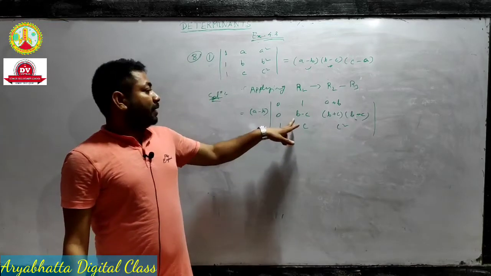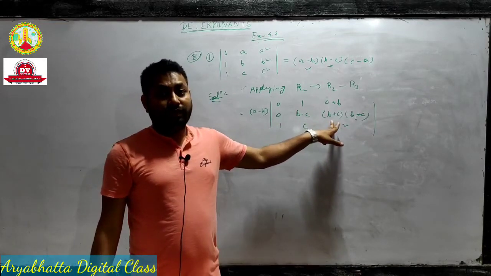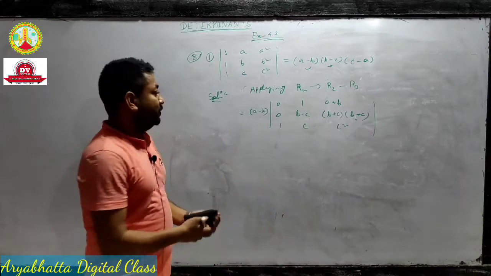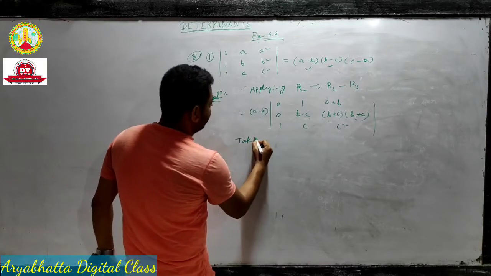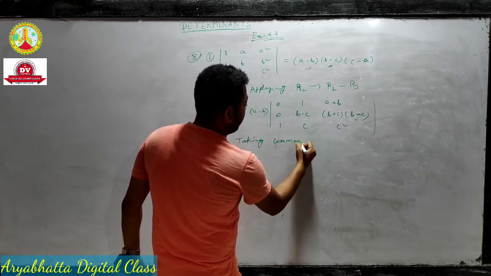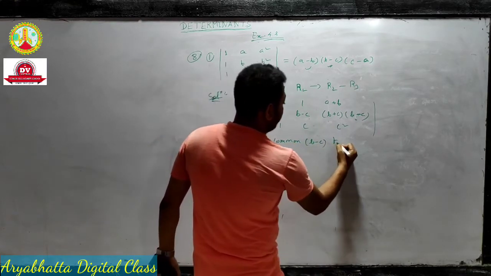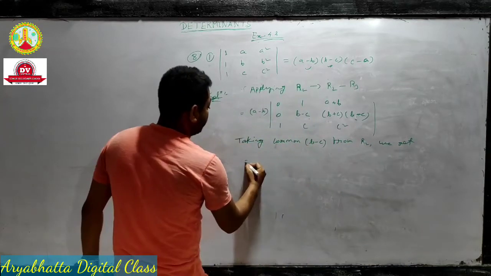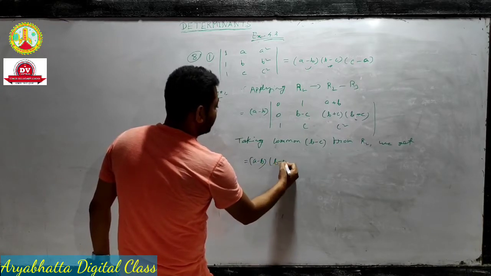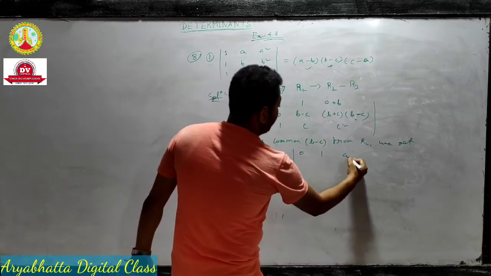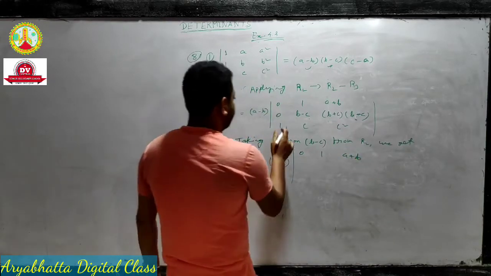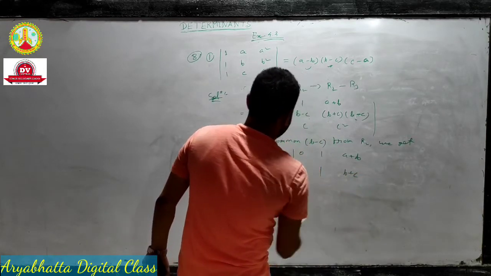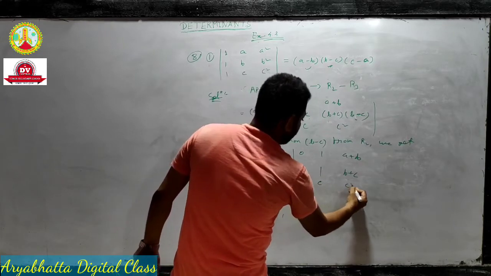Now taking common b minus c from R2, we get a minus b into b minus c into the determinant 0, 1, a plus b, next 0, 1, b plus c, 1, c, c square.